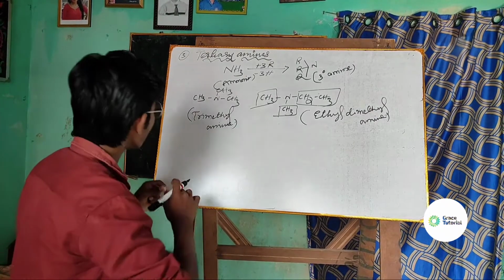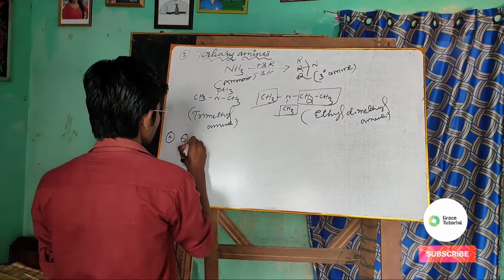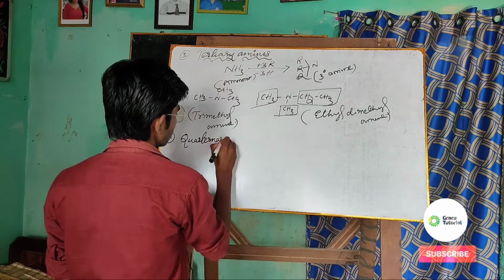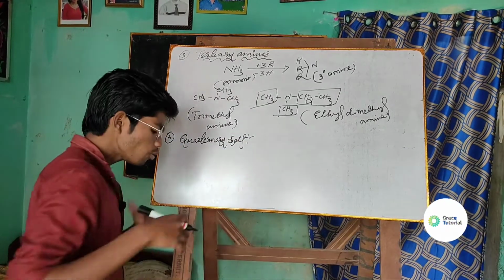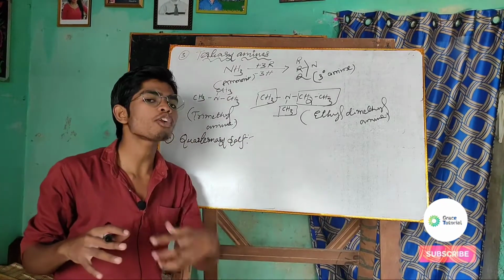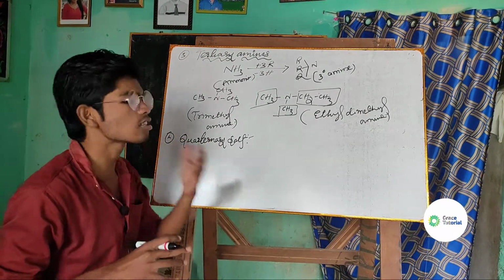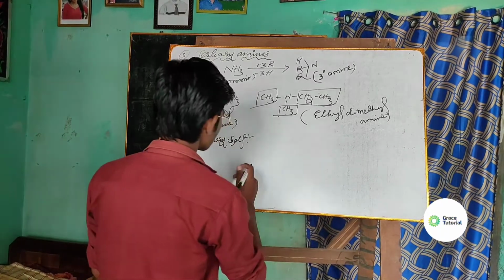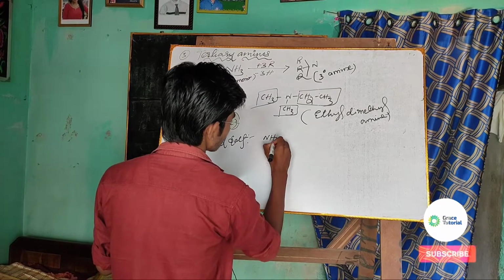So we have one more, that is quaternary salt. Just as the ammonia forms the ammonium chloride, similarly this amine also forms a salt, the quaternary salt. So let me show you. Suppose ammonia is there, right?